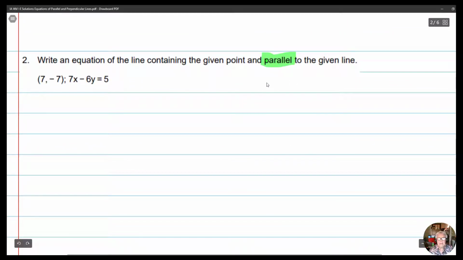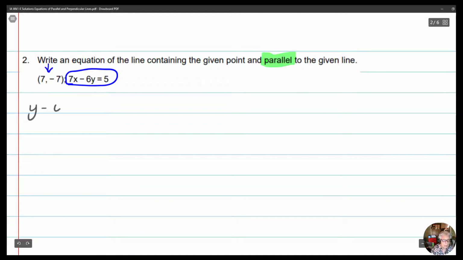Now we have the same exact kind of problem, a parallel line. A line that's parallel to this line and goes through this point. This is the given point. This is the given line. We're going to write the equation of another line.